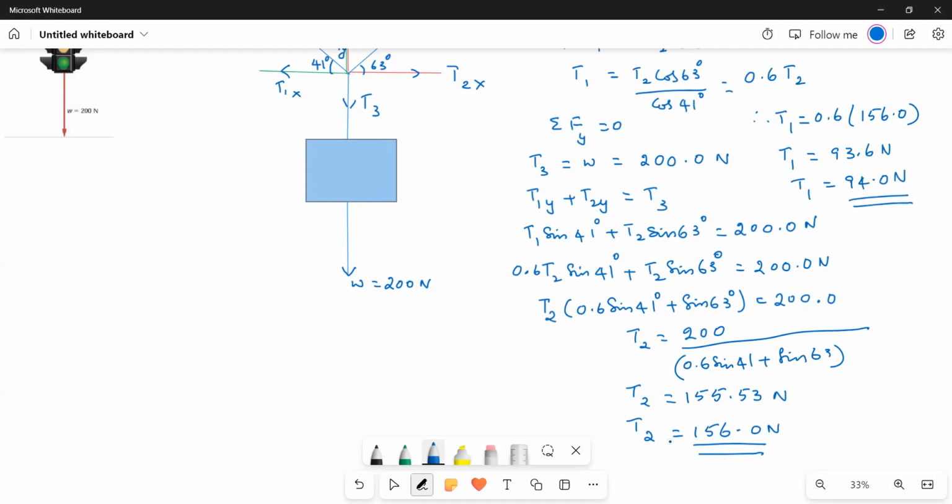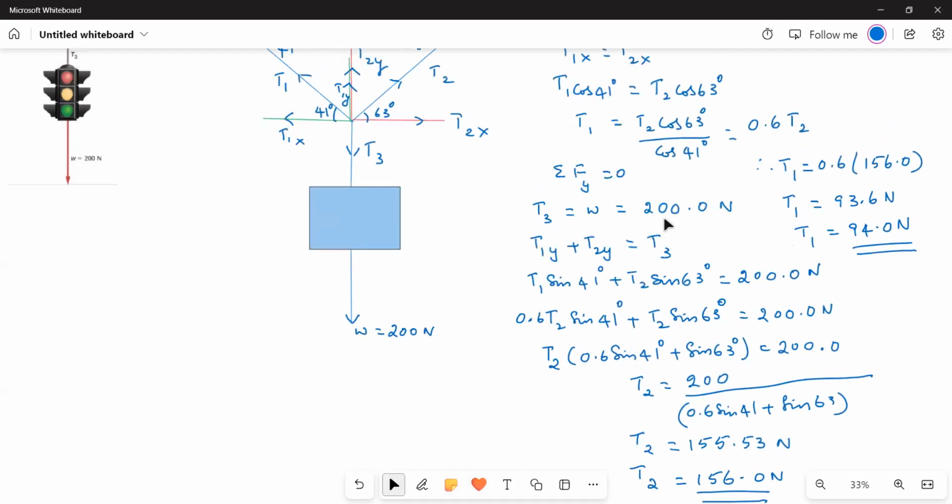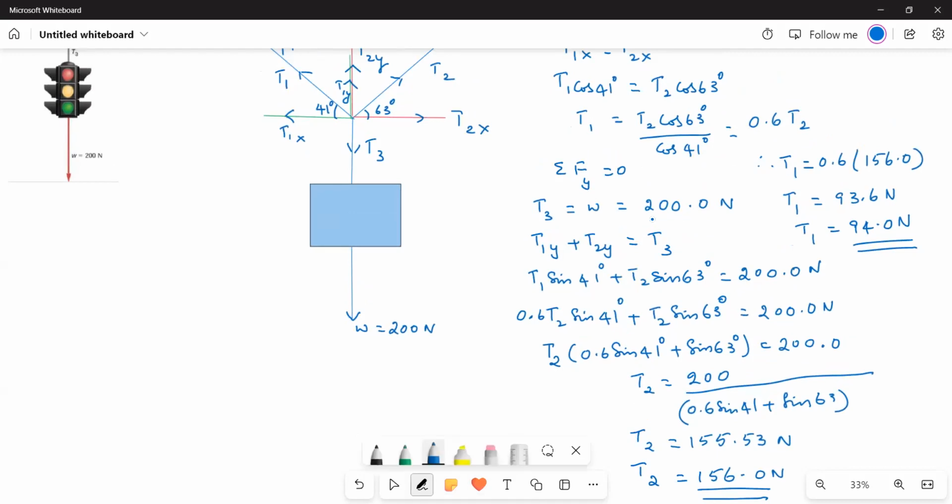These are the values. We were asked to find T1, T2, T3. Therefore, T1 is equal to 94, T2 is equal to 156, and T3 is equal to 200. Here is the answer.